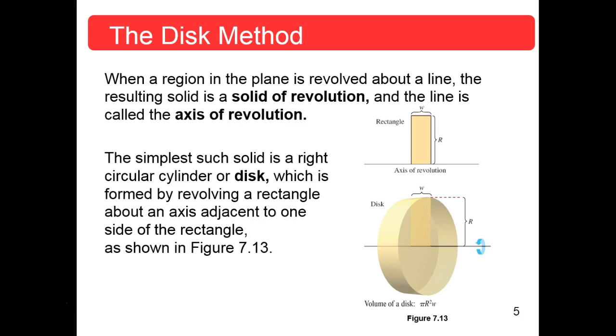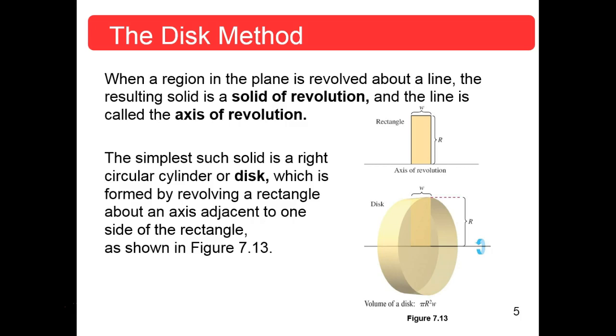So that is a very short right circular cylinder, but it is a right circular cylinder, which is formed by revolving a rectangle about an axis adjacent to one side of the rectangle. Now you don't want the axis to be here because then you double up some of that. If your axis was down here or up here, then you're going to have a hole in it. And we'll get to that later. That's going to be your washer. Okay. So this is your simple disk. Okay? And that's what we got.